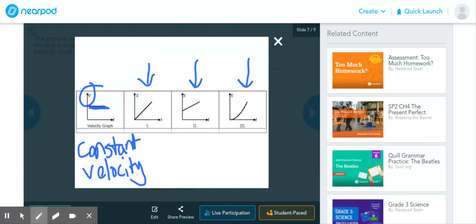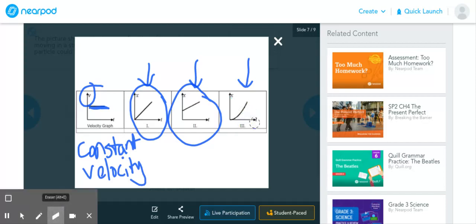We also know that the slope of a position time graph gives us the velocity. So we need to find a position time graph that has the same slope all the way through. Okay, so that's this one, and this one. Straight lines have the same slope no matter what point you're at. This does not, because, let me erase that actually.